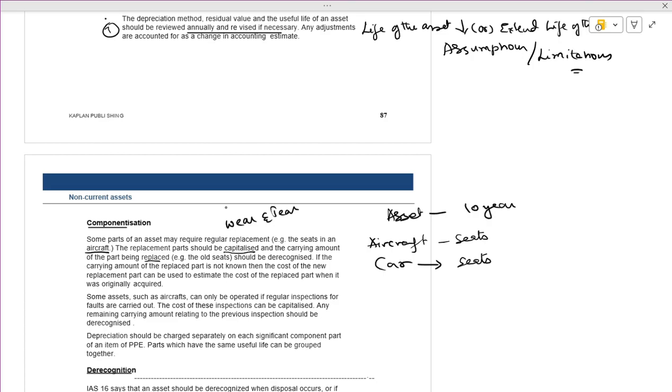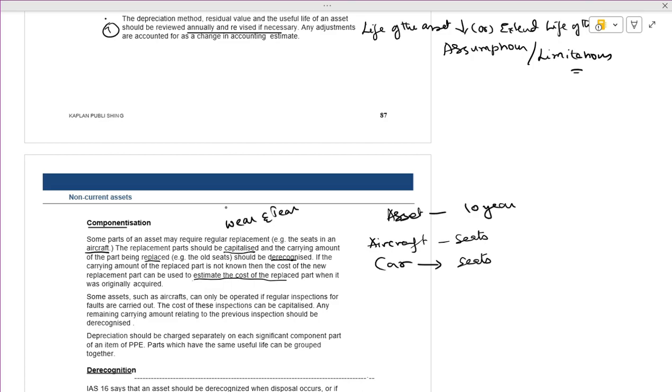Old seats. Once we are saying it has to be re-recognized. If the carrying amount of the replaced part is known, then the cost of the new replacement can be used to estimate the cost of the replaced part. See, this is the point. Every line, every statement gives you a very clear meaning.